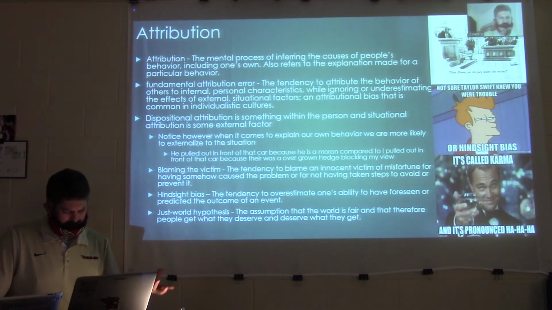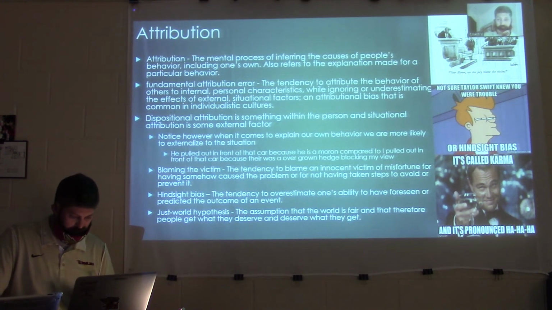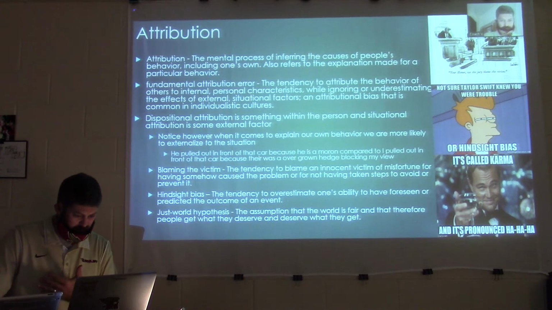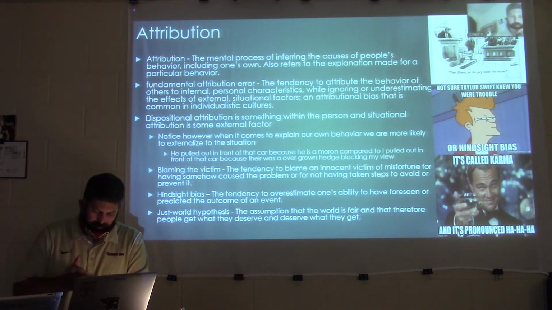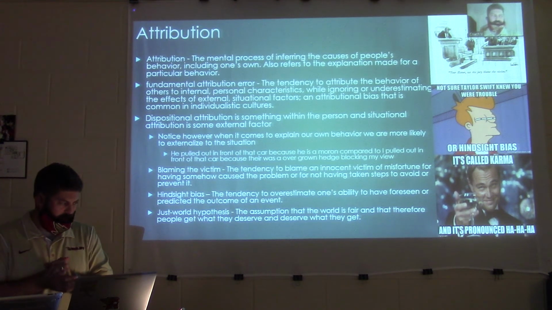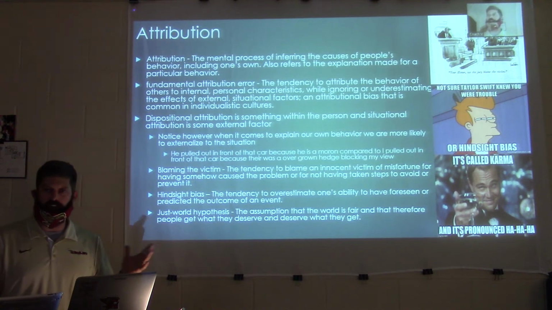Some different types of this include blaming the victim, which happens a lot these days, right? The tendency to blame an innocent victim of misfortune for having somehow caused the problem. The one that really kills me, which is really, really sexist, is "she shouldn't have dressed that way."